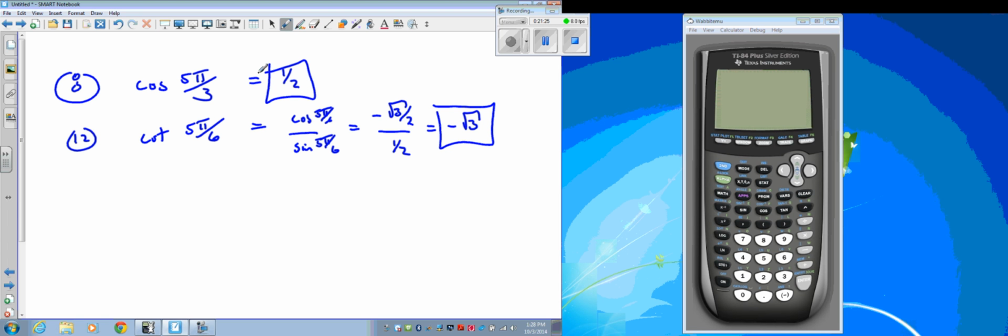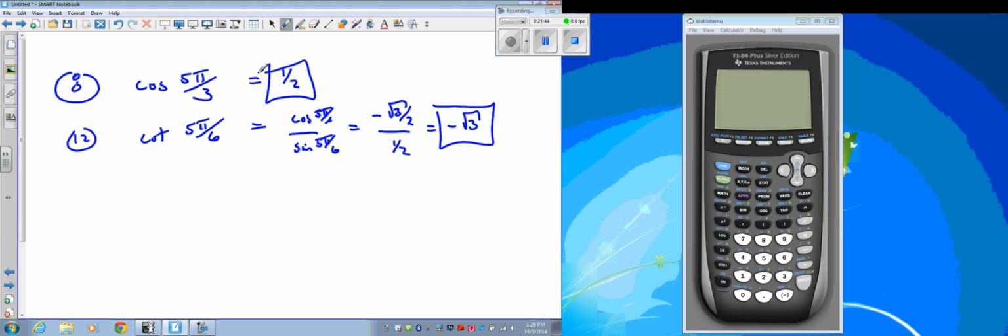You know cosine, sine, you can do tangent, because tangent is what? Sine over cosine. You can do secant, because that's 1 over cosine. You can do cosecant, because that's 1 over sine. You can do cotangent, because that is cosine over sine.